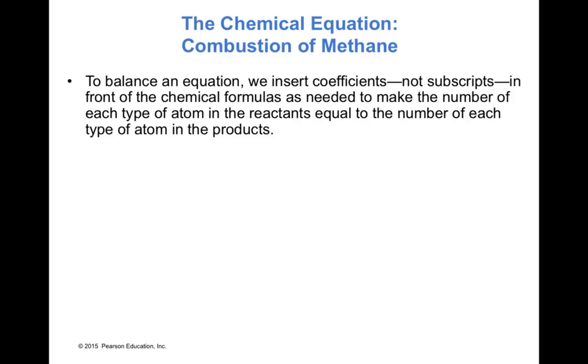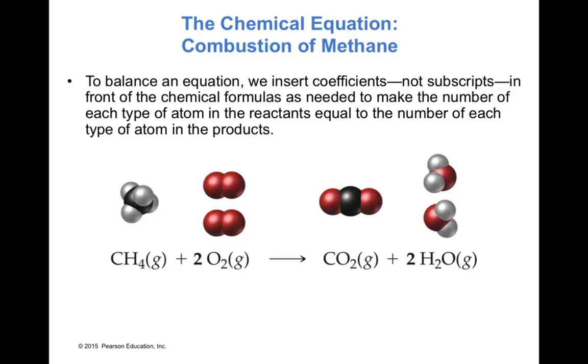Here we have an example of how we can balance this equation by adding a 2 in front of oxygen and a 2 in front of water. By doing this, now we have 1, 2, 3, 4 atoms of oxygen in the reactants, and 1, 2, 3, 4 atoms of oxygen in the products.